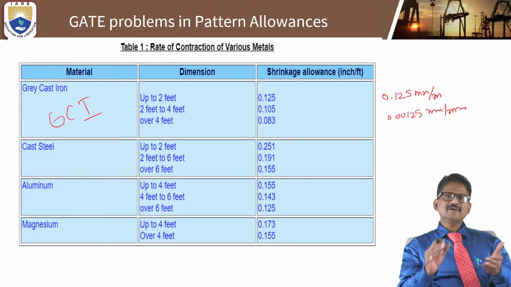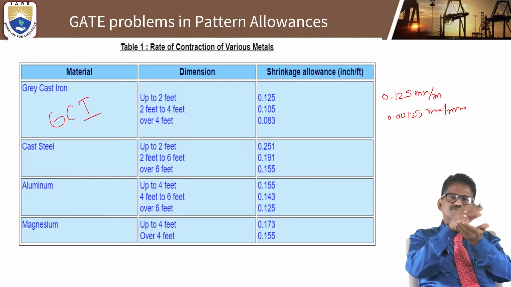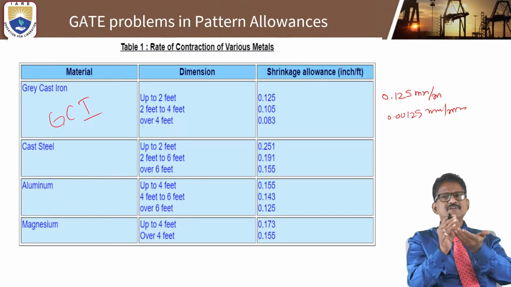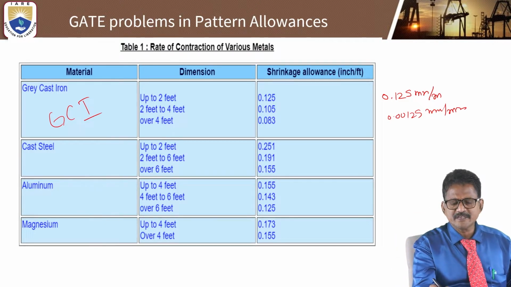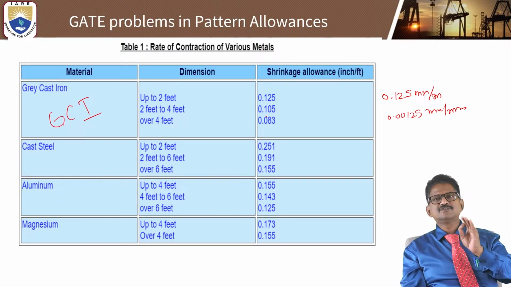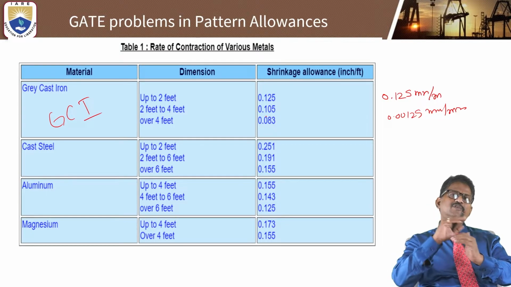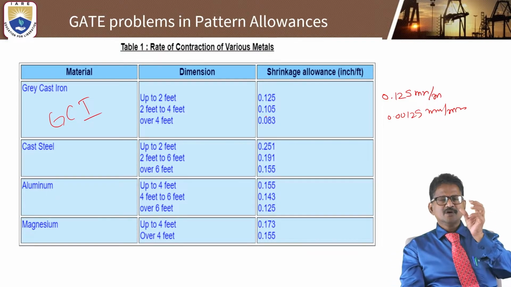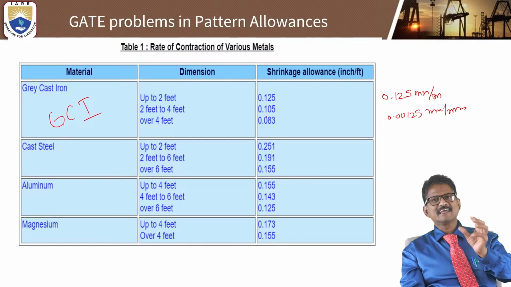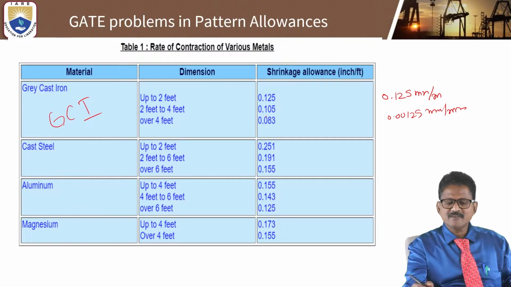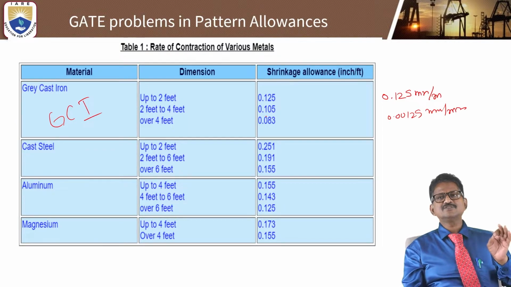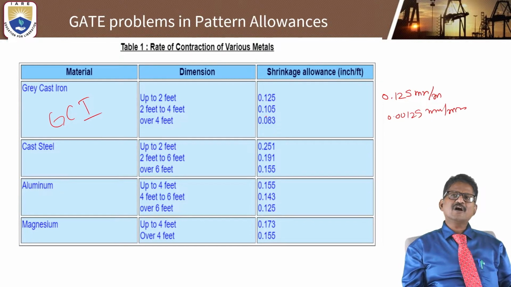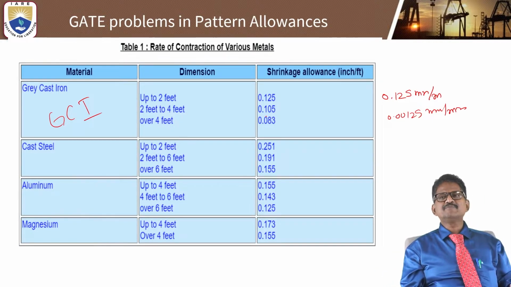Even if the dimension is 2 feet to 4 feet, this allowance should be provided, 0.105. Suppose it is more than 4 feet for the grey cast iron, the allowance should be provided as 0.083 inch per foot, or per meter.